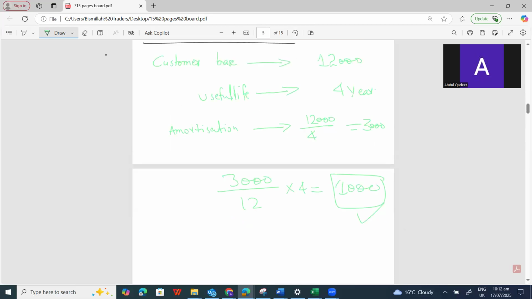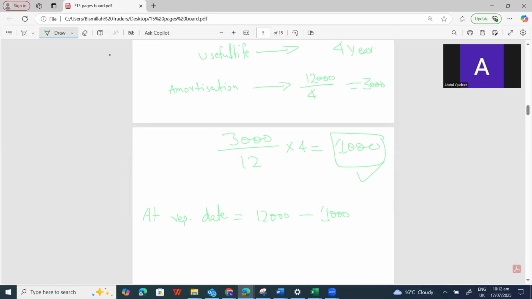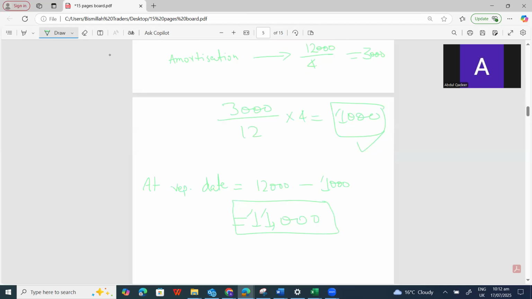Okay. So at reporting date, what we have to mention is 12,000 minus 1,000, which is equal to 11,000. Okay, this is the value at reporting date for the intangible assets.